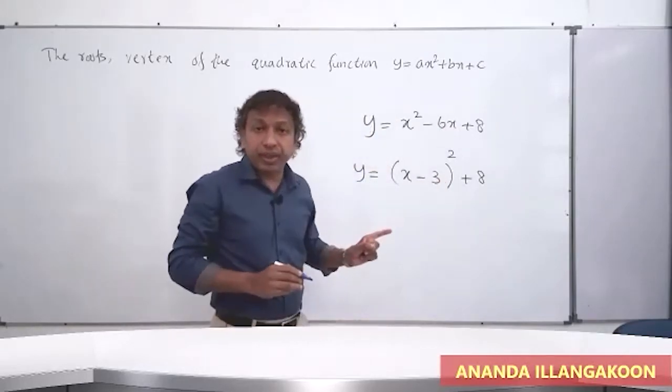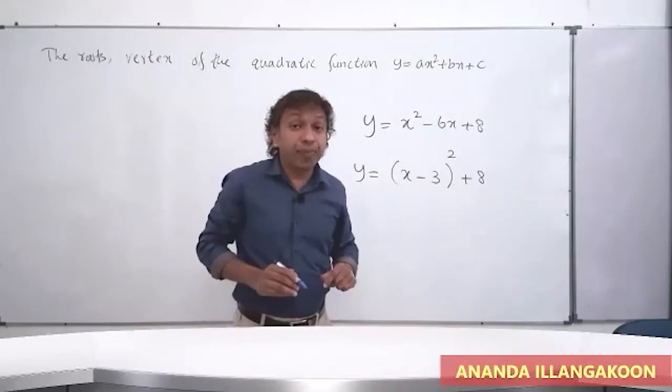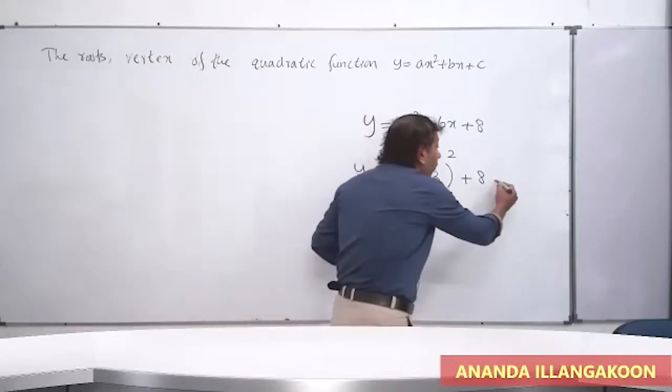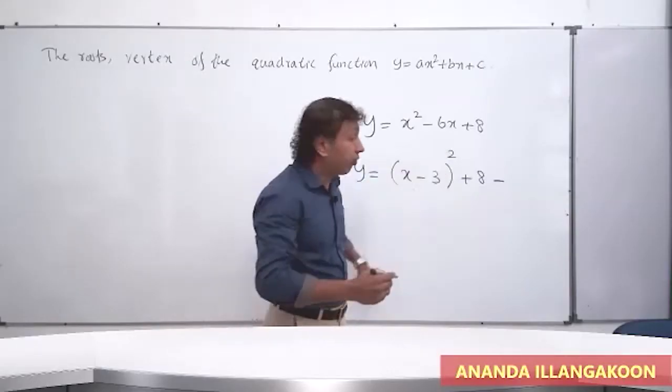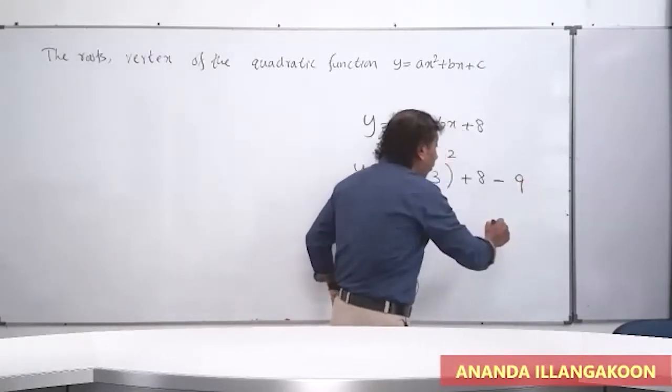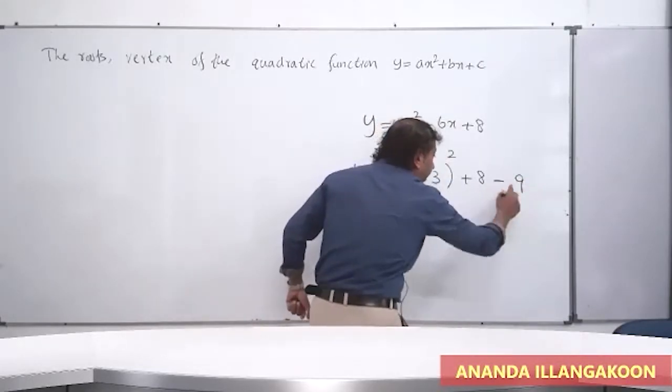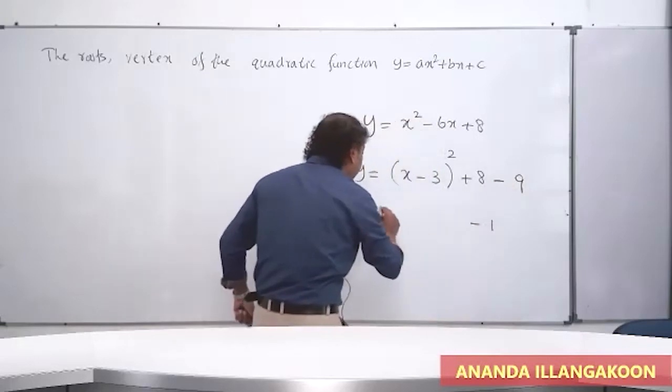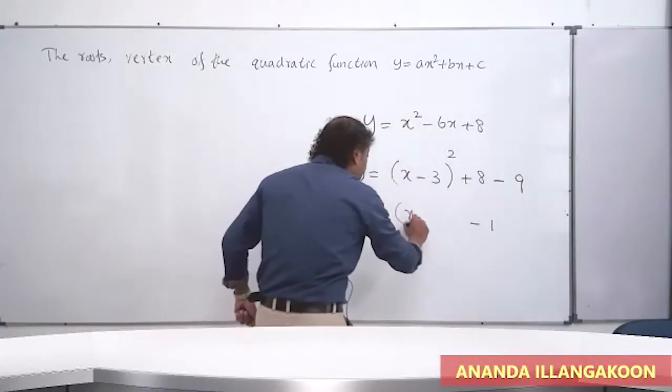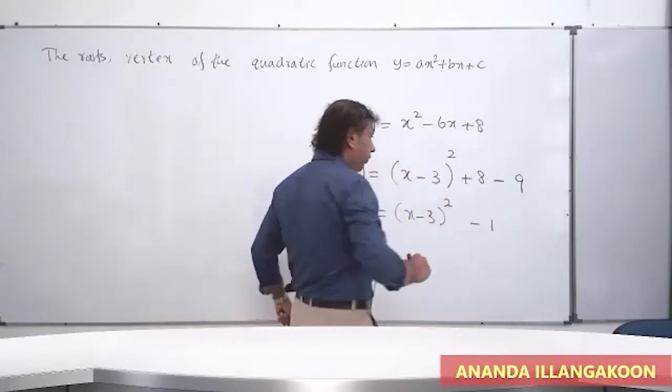That we have to write within the bracket. And finally, we said we have to subtract the perfect square of this second number within the bracket. 3 squared is 9. We have to subtract 9. And now we simplify here: 8 minus 9 is minus 1. And here x minus 3 perfect squared.